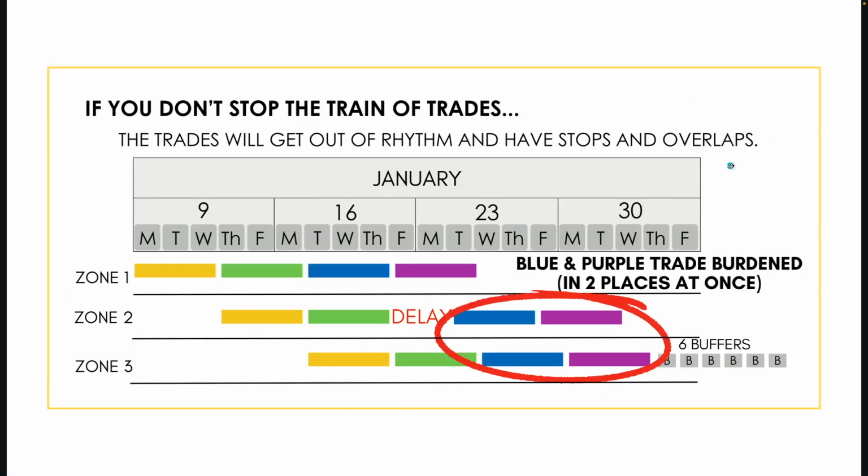So let's talk about some of the things that we can do with buffers. Let's say you have a delay shown here in this picture, and the takt wagon that is represented here in the color blue starts to push. If you leave it this way, now you are going to experience the series of production losses that come from trade stacking and trade burdening that we have already talked about in these videos.